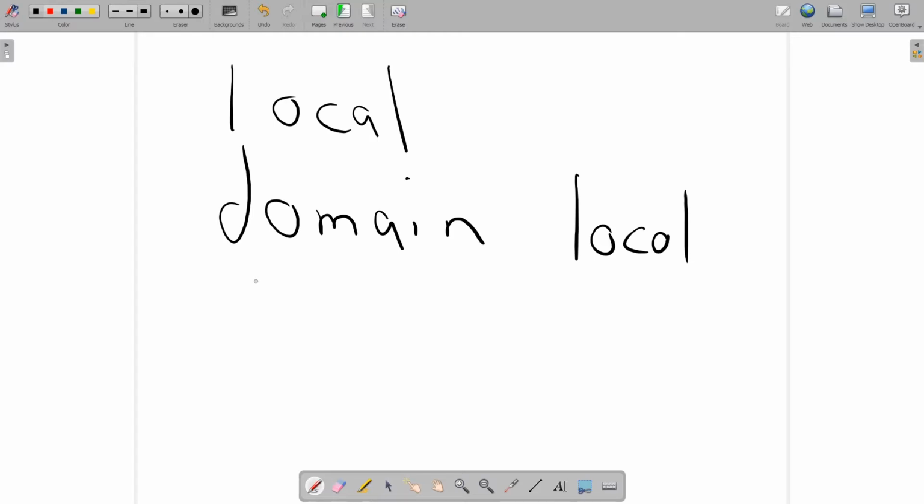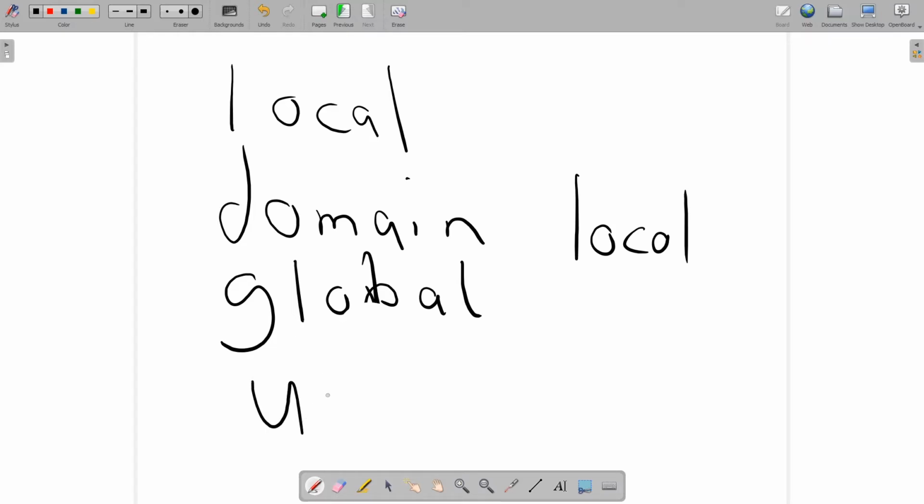There are global. And there are universal groups. Depending on the type of group, it will determine what you can and cannot do with that group as far as membership, how those groups work across domains.